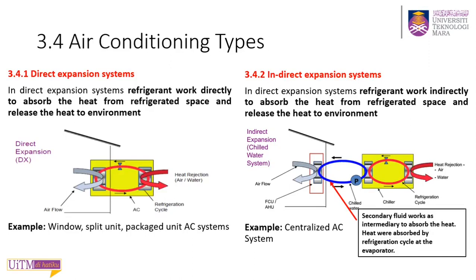For direct expansion, the refrigerant interacts directly with the air from the conditioned space. For indirect expansion, the refrigerant absorbs heat indirectly from the air via a cooling medium, usually water here. In this video lesson, we will look at the direct expansion systems, while indirect expansion systems will be covered in another video lesson.